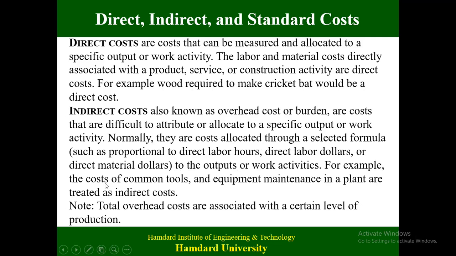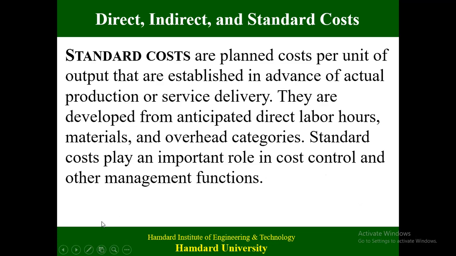For example, the cost of common tools and equipment maintenance in a plant are treated as indirect costs. The notable thing is that the total overhead costs are associated with a certain level of production.